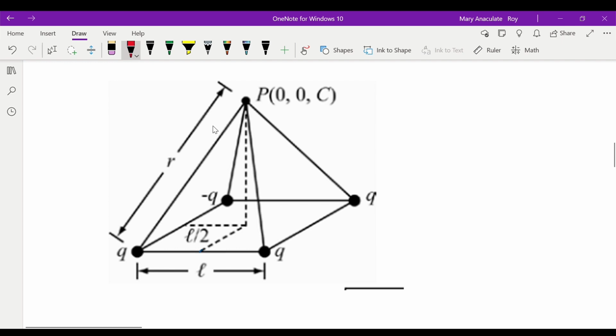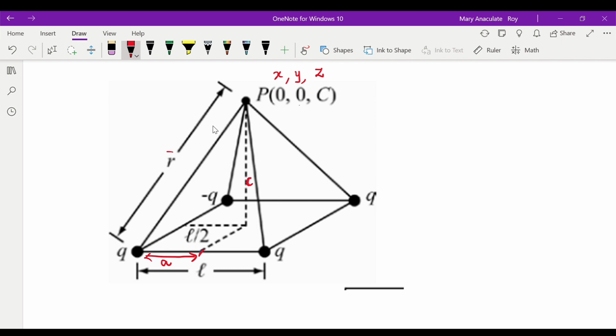Okay. So what is the value that they have given? What do we know here? This distance is given as A. All right. And they've given you the vertical distance as 0, 0. This is X, Y, Z. So Z is like this point. So X and Y they've given here. Vertically above it, this vertical height is C. Okay.